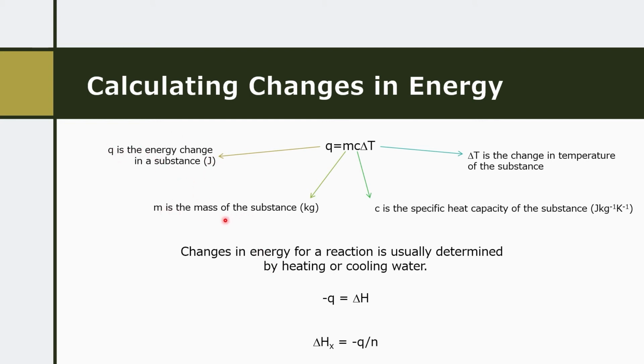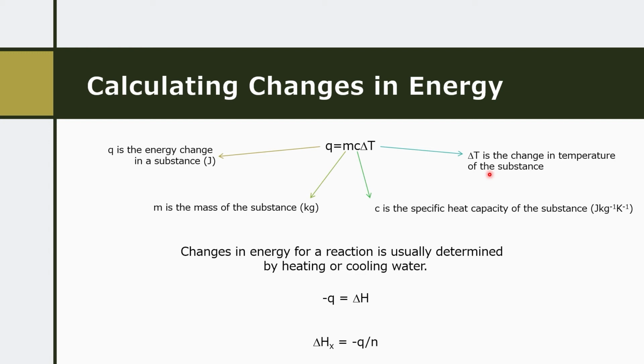M is the mass of the same substance, which is measured in kilograms. And delta T is the change in temperature of the substance. So for example, if I was burning a fuel and the water was absorbing that energy, we could measure the amount of energy that the water has absorbed, assuming that we know how much mass of water we've got, and we can measure the temperature change in the water.